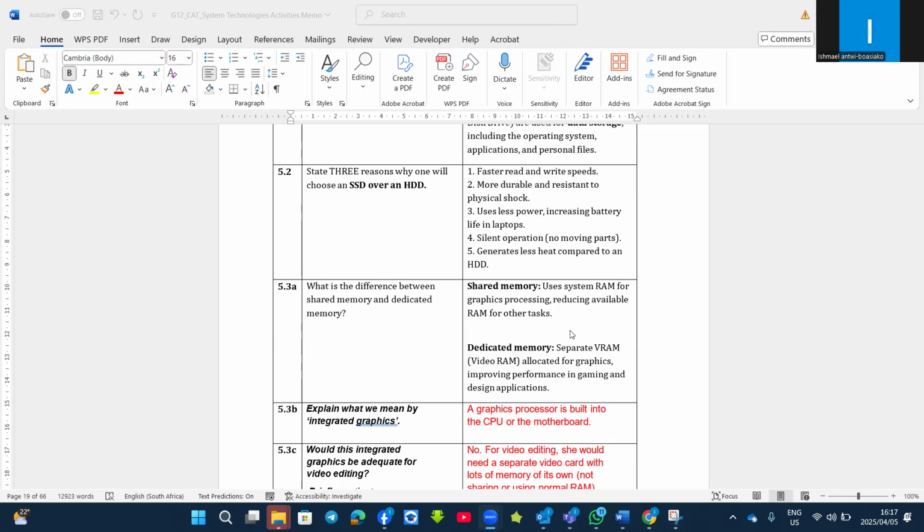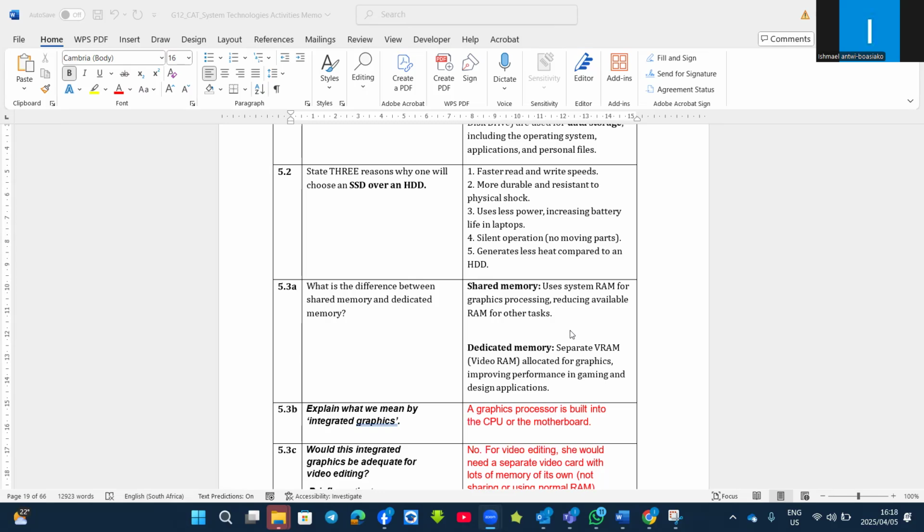So, when you have the shared memory in the computer, it will be used for other tasks like when you open Microsoft, where you open all the files, they are stored temporarily on the shared memory. And again, it will also be used for graphic processing, like for instance, playing games, watching movies. So that's what we call the shared. They are used for several tasks.